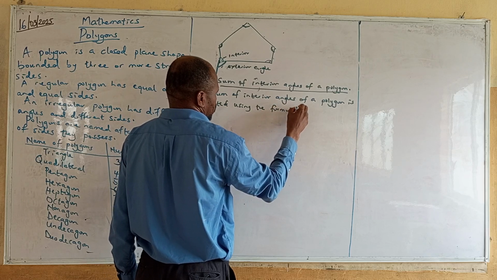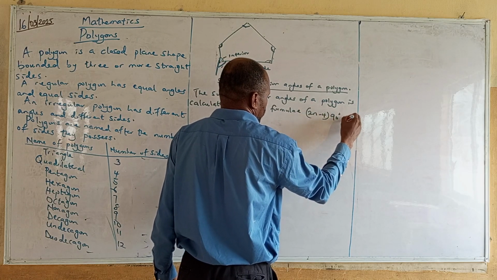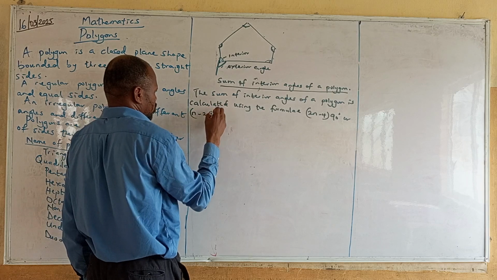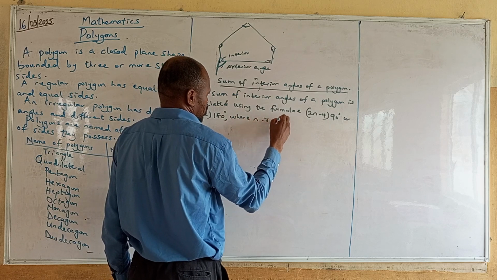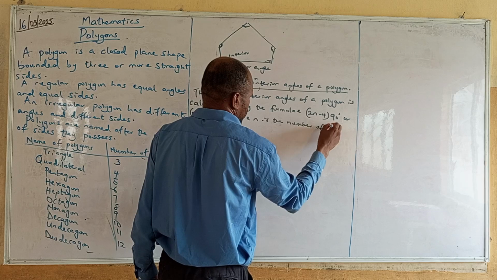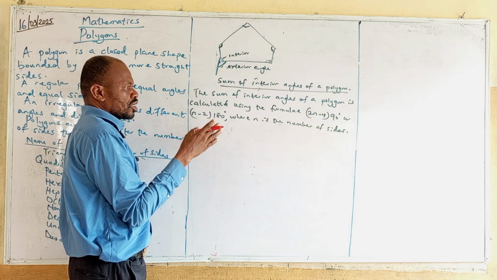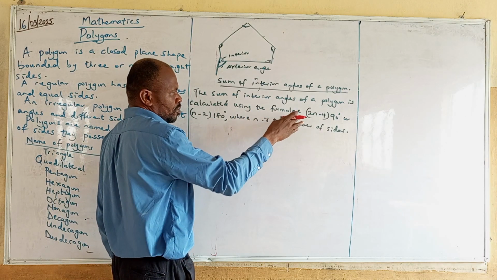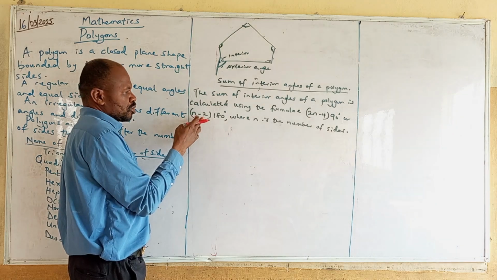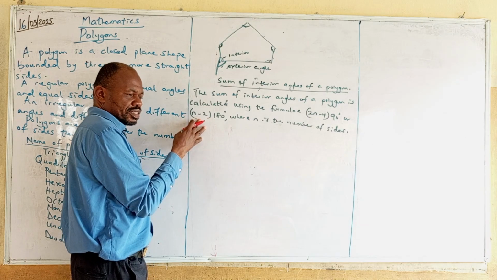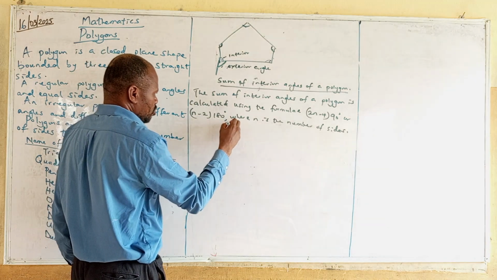Formula. Now, the sum of interior angles of a polygon, you can calculate it using this formula: 2n minus 2, or 2n minus 4, bracket 90 degrees, or you use n minus 2 bracket 180 degrees, where n is the number of sides of the polygon.